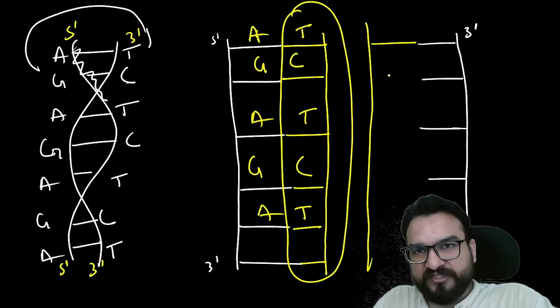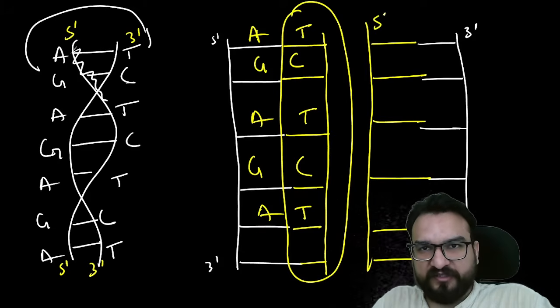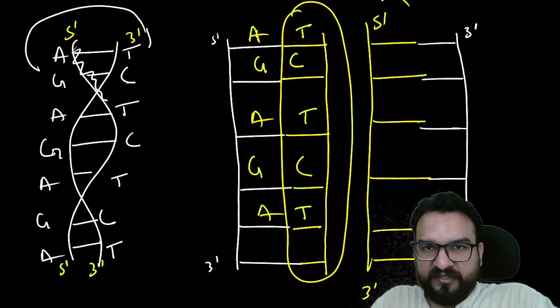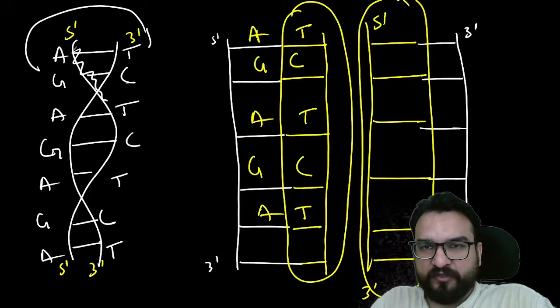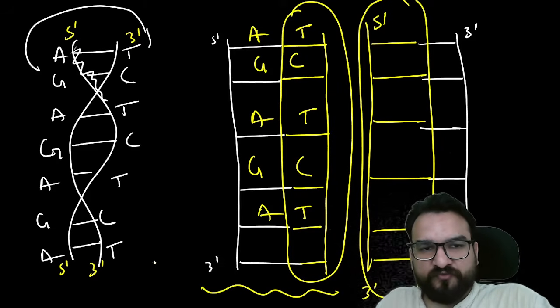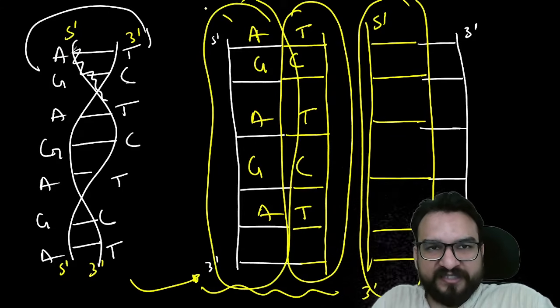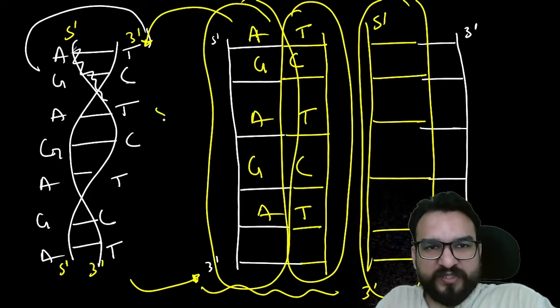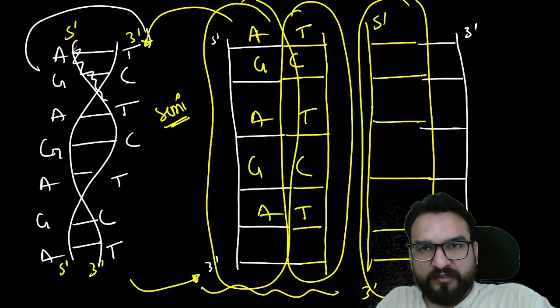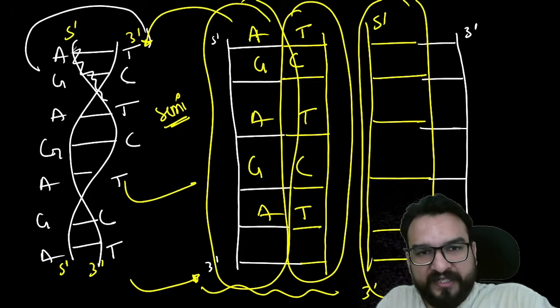Similarly, with this strand, a new line will be created over here. That means two DNAs are formed out of one DNA, where one part is conserved as it is from the parent DNA. That's why it is called semi-conservative. Half of it is newly added, whereas in conservative replication the whole DNA is getting replicated.